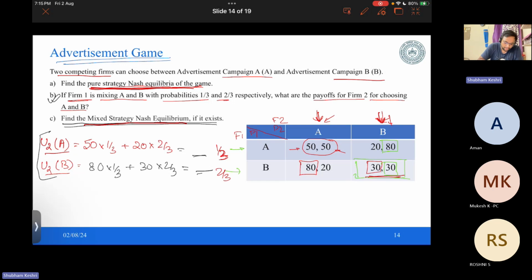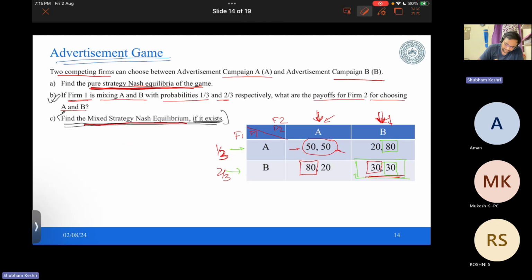Now, this is more interesting. Find the mixed strategy Nash equilibrium if it exists. I have given a clue, so let us find out. Suppose player 1 is playing P and 1 minus P, and player 2 is playing Q and 1 minus Q. Correct?